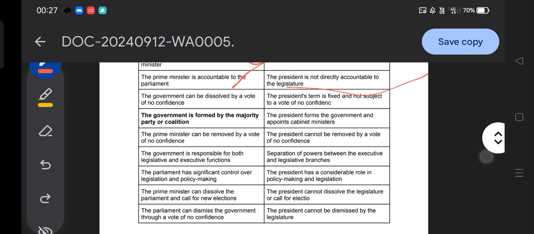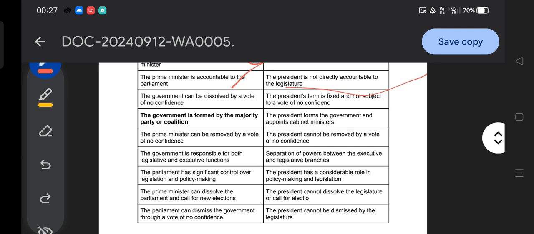We have discussed separation of power between the executive and legislative branches. So one thing is clear with respect to the presidential form of government: separation of power. You can ask me, sir, what is the separation of power? We all know there are three organs of the government: legislature, executive, and judiciary.